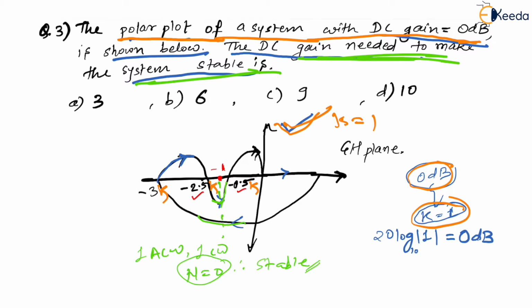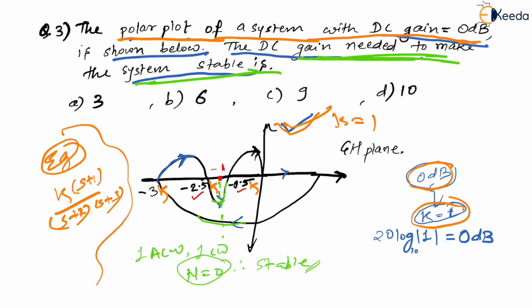That's it. Because for example, you have a system, let us say, k into (s plus 1) upon (s plus 1) into (s plus 2) into (s plus 3), let us say this is a system. If you place k equal to 1, whatever the plot is, you will have that plot, right?